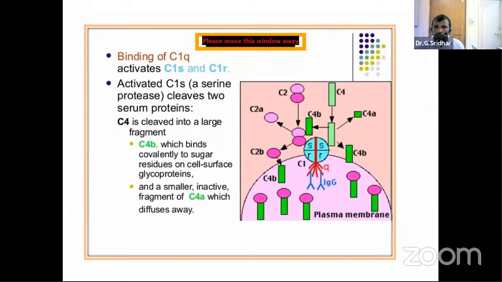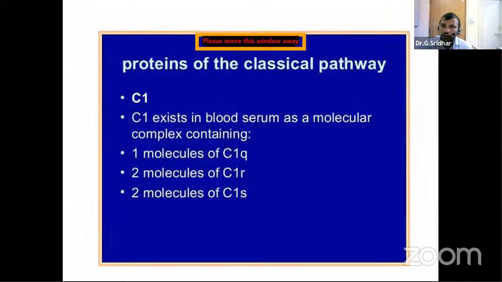Then, which portion of the immunoglobulin can activate the C1 protein? The Fc portion of the immunoglobulin can activate the C1 protein. If you activate C1, then C1q will undergo a conformational change.